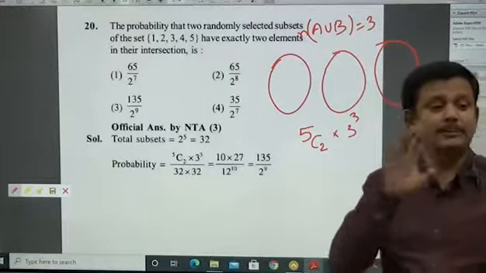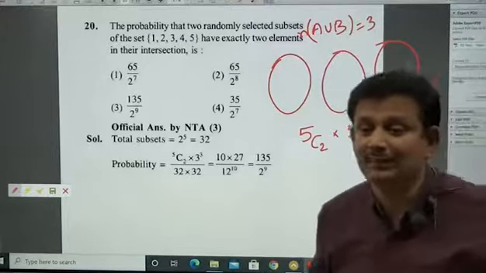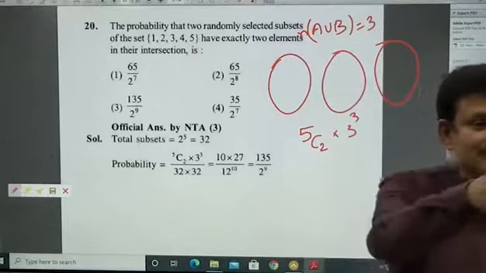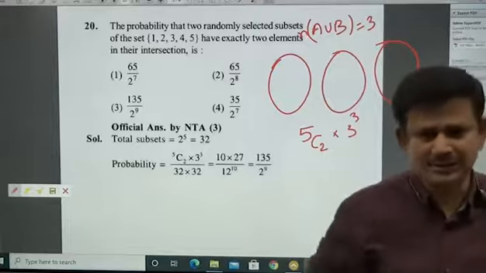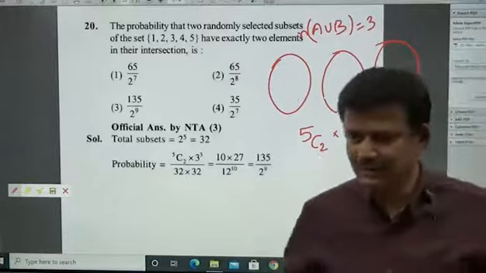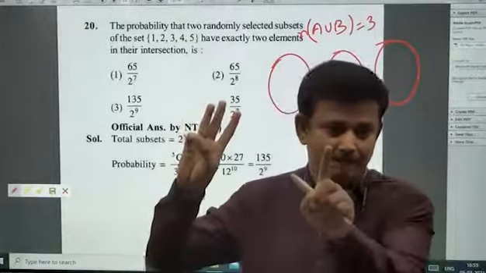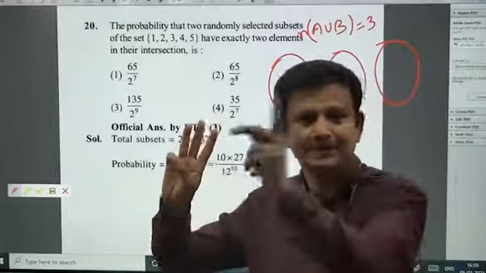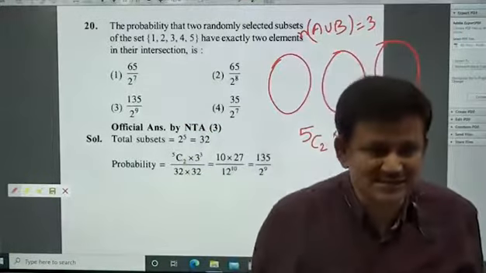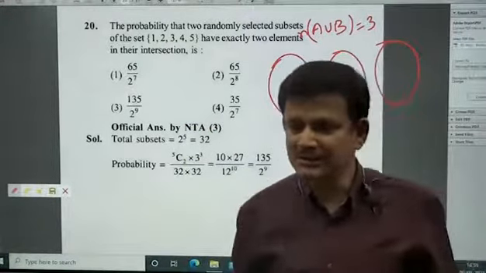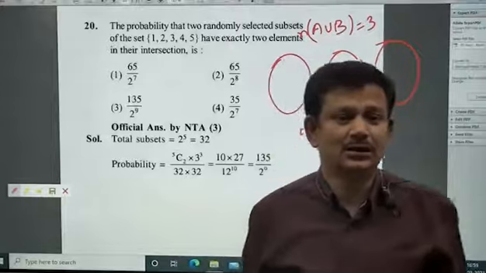Now each should be part of the union. When will it be part of the union? Either in A not in BC, B not in AC, C not in AB: 3 cases. Then A and B, A and C, B and C: another 3 cases, over 6. All ABC: 7. Yes or no?